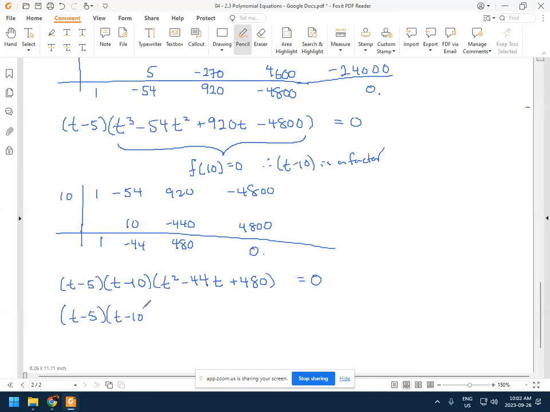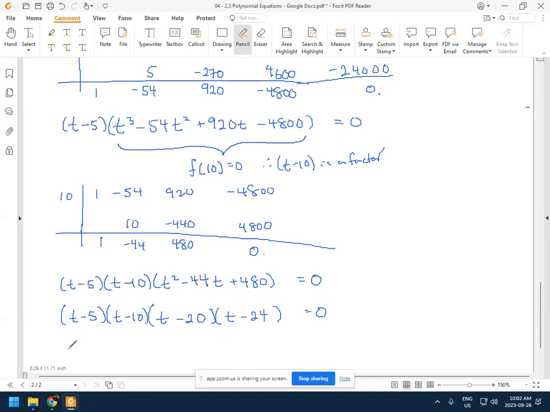There are two numbers that will multiply to 480, but will also add to negative 44. Thus, it is negative 20 and negative 24.